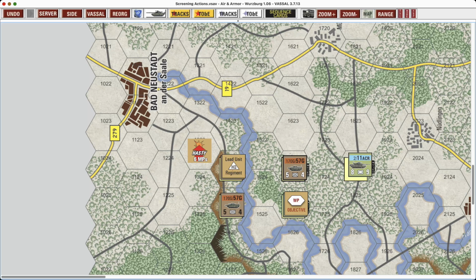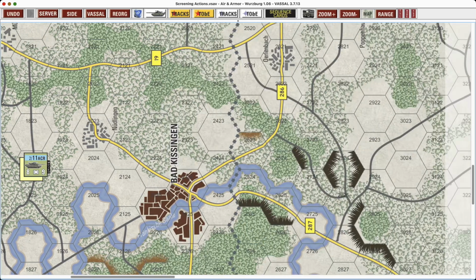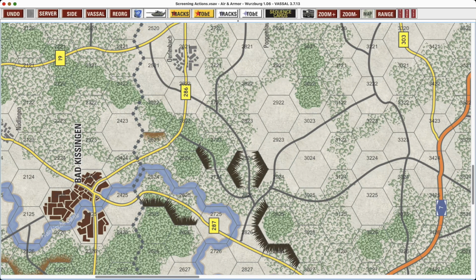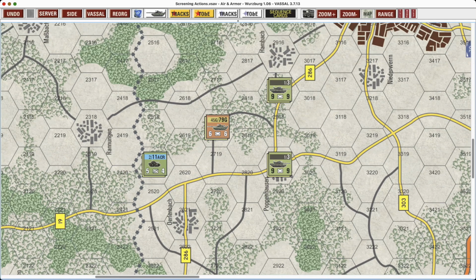Let's go look at another edge case, and this involves retreat fire. So in this example, the NATO player has activated the 1st of the 3rd Brigade, and he elects to conduct an assault operation with this unit as his objective.